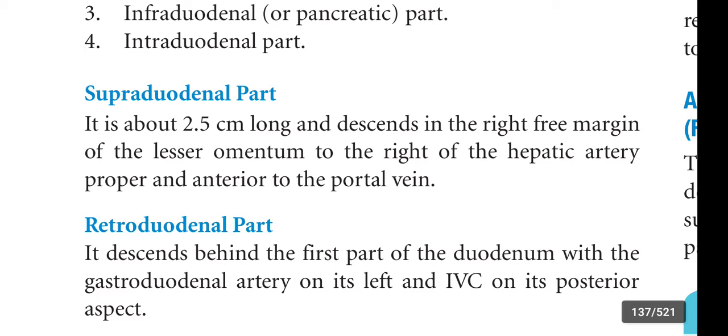It is about 2.5 centimeters long and descends in the right free margin of the lesser omentum, to the right of the hepatic artery proper and anterior to the portal vein.